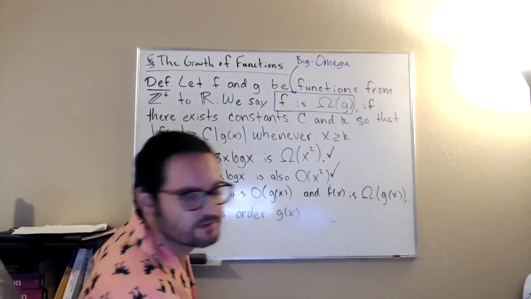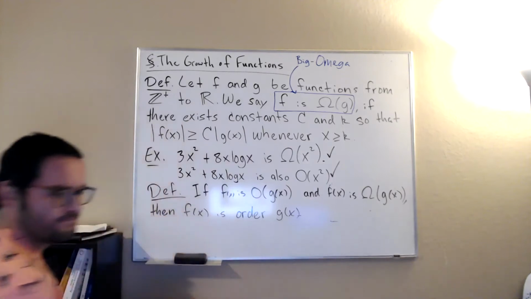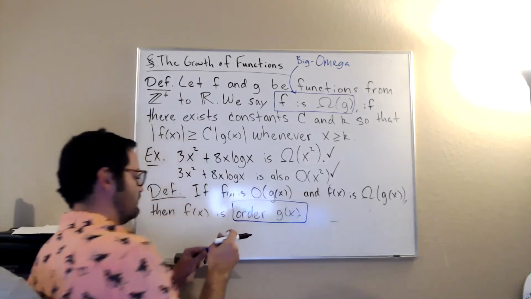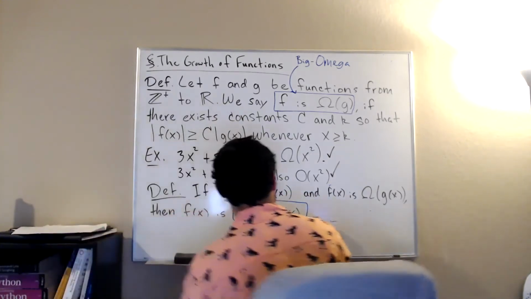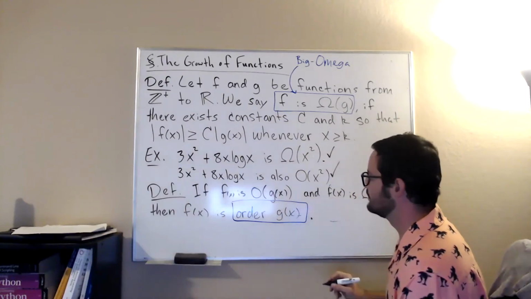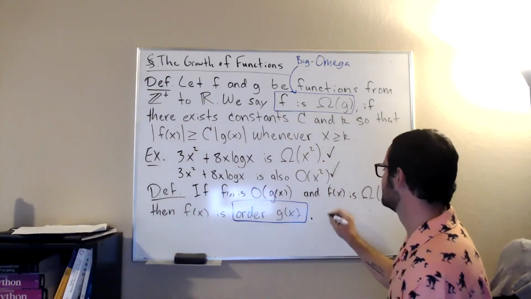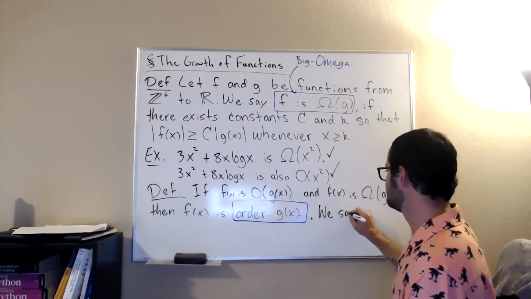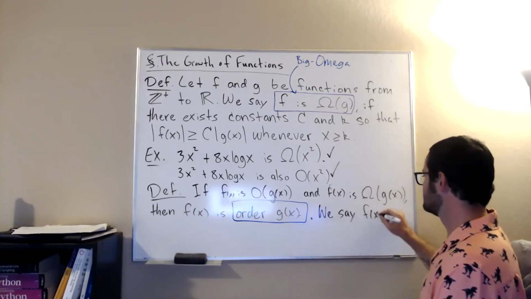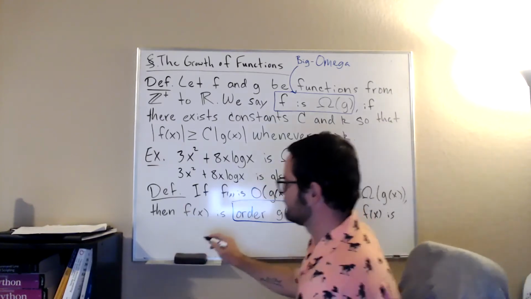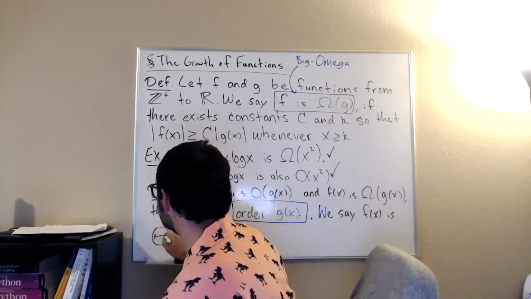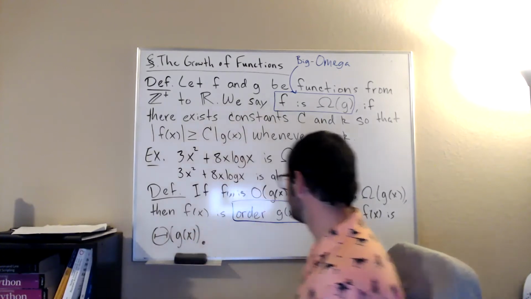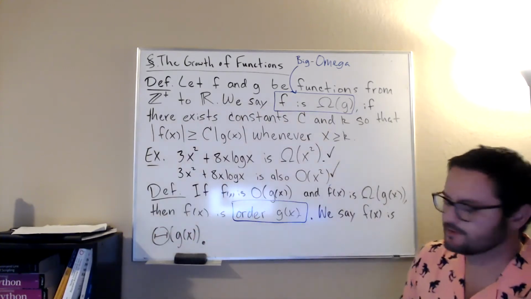They have the same order. Okay? So the notation that we use for this is big theta notation. We say f of x is big theta g of x. So this is big theta notation.